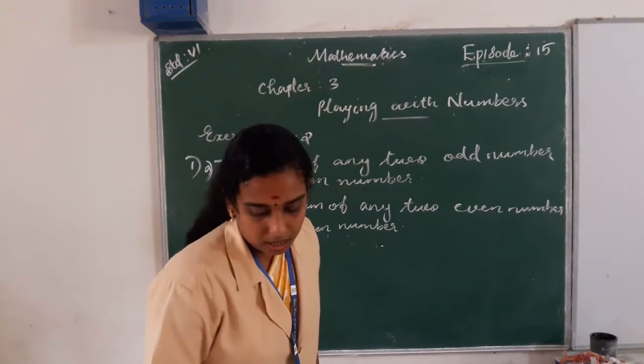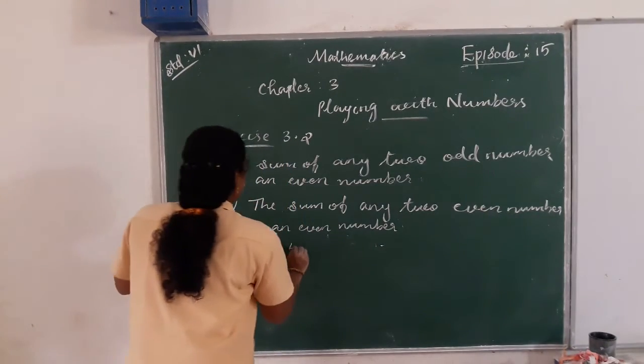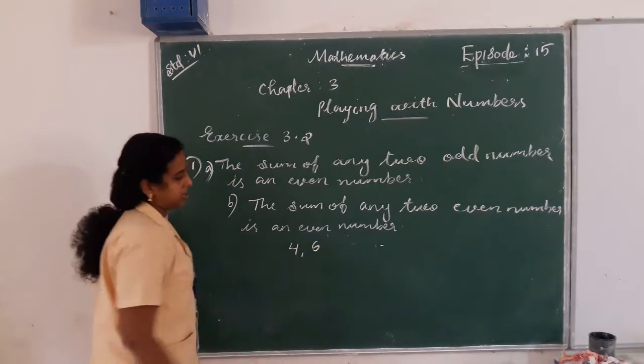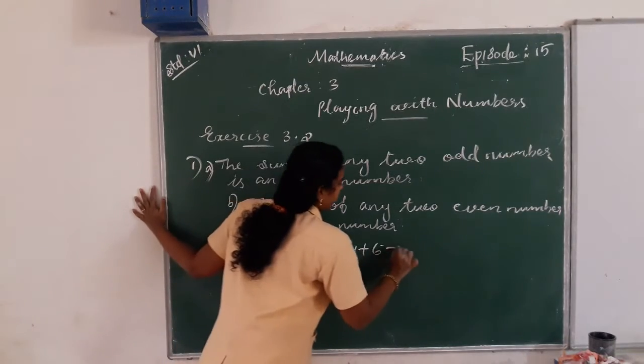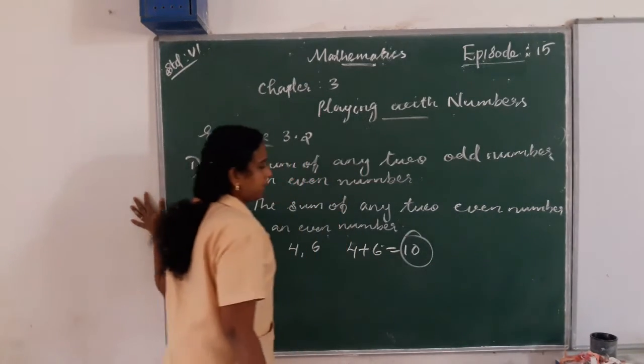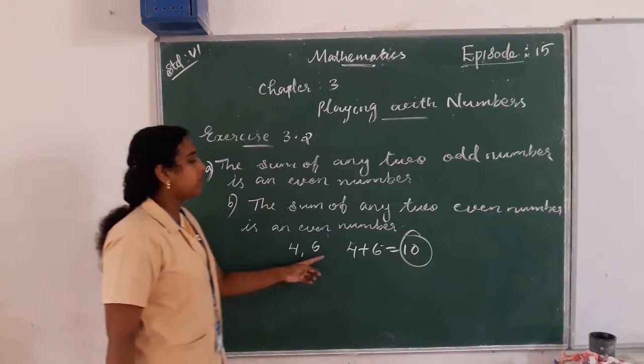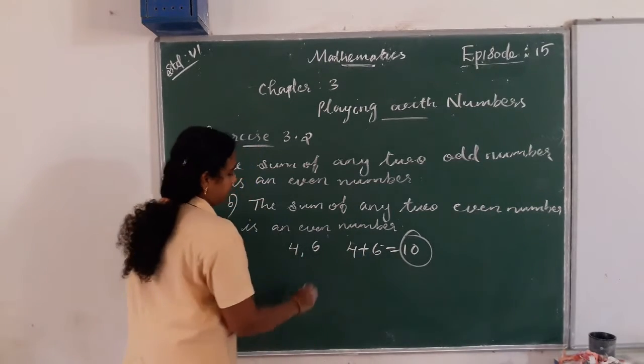For example, 4 and 6 are even numbers. If we add 4 plus 6, then we get 10. 10 is an even number. So the sum of any two even numbers is an even number.